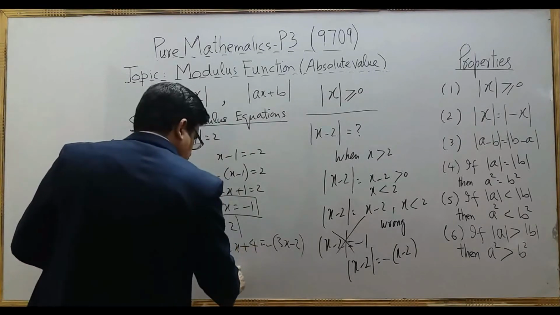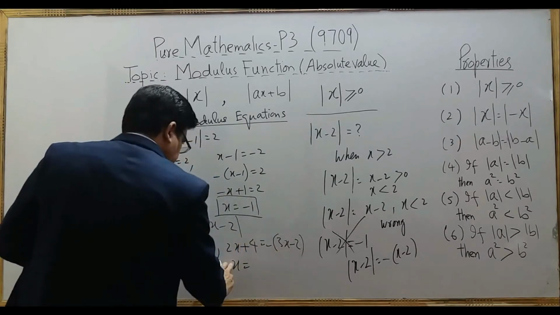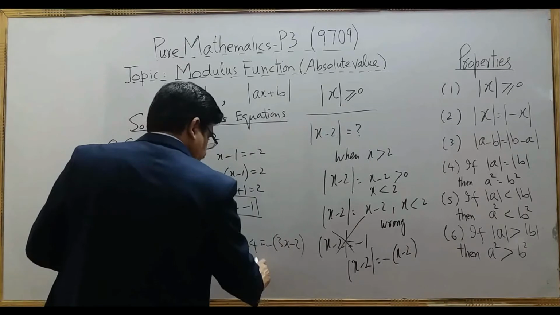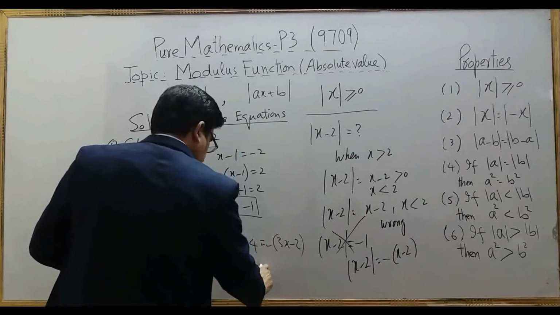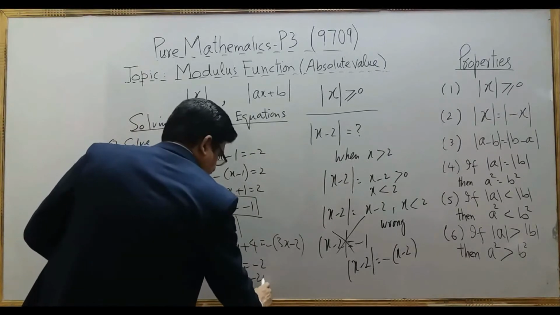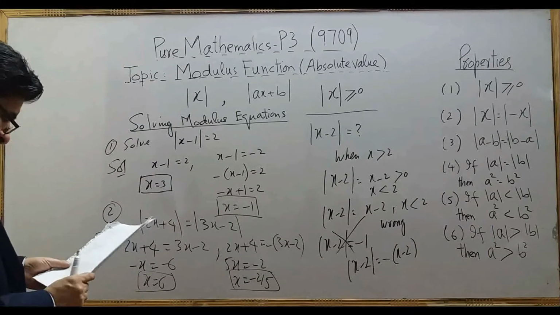Here you have 3x + 2x, which is 5x, is equal to, this is plus 2, this is minus 2. So x is equal to −2/5. This is the second answer.